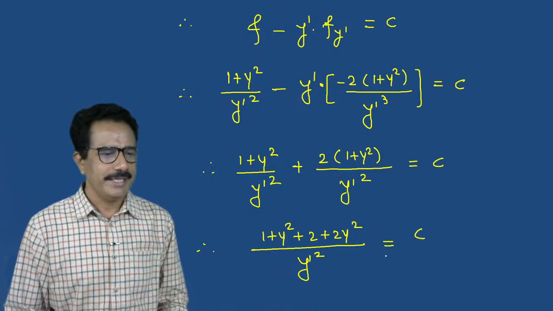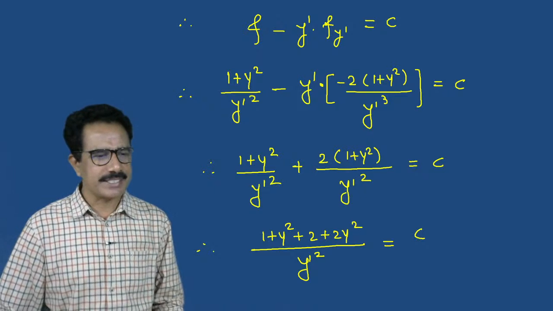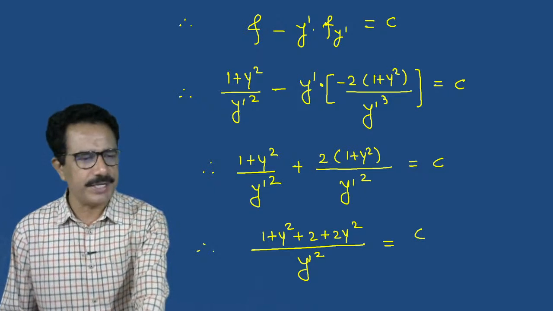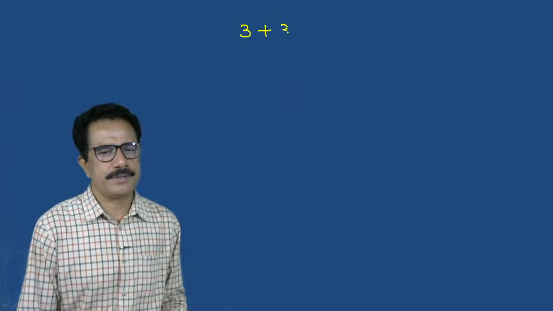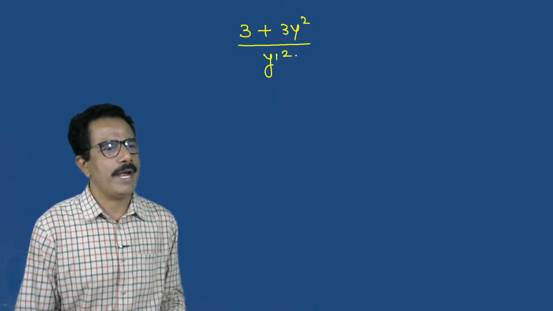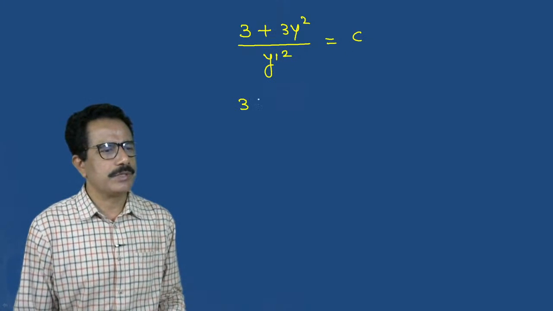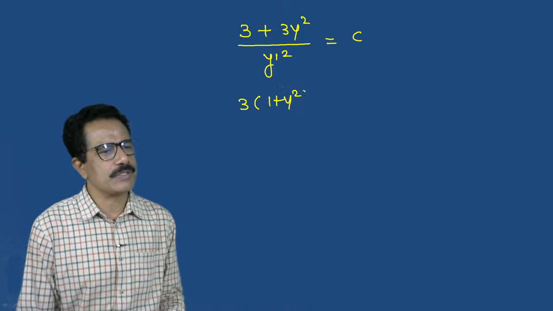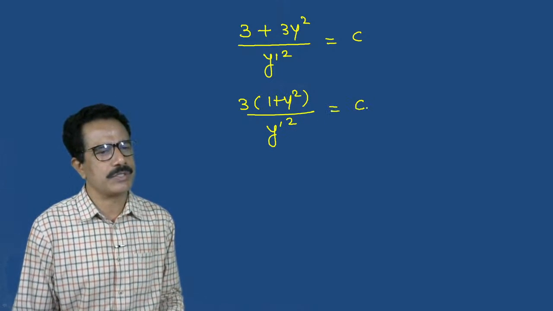Okay, is it okay? So next we shall discuss: 1 plus 2 means 3, so 3 plus 3y square divided by y dash square is equal to c. So 3 in a bracket, 1 plus y square divided by y dash square, which is equal to c.